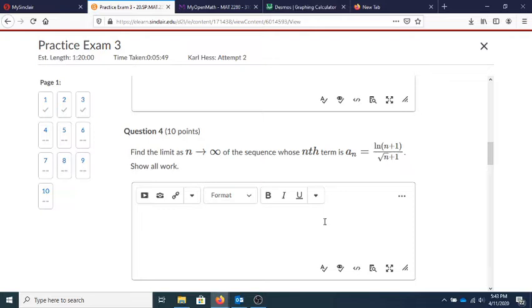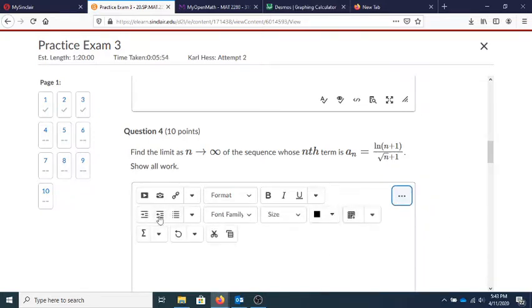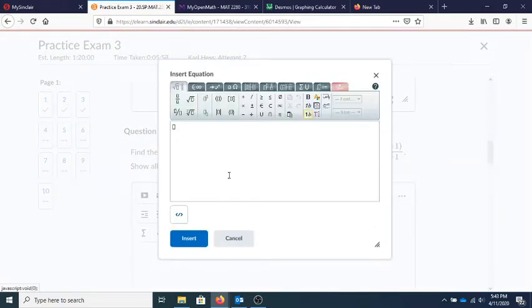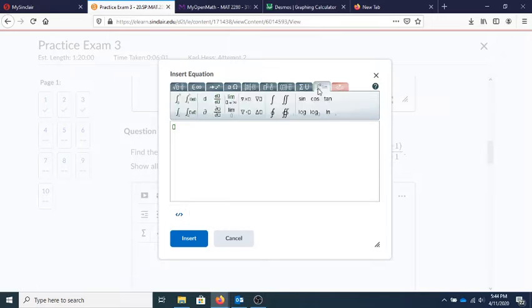So I'm going to need some formulas. So again, I'll click on my 3 dots over here, and I'll click on my sigma symbol. Alright, now there's a special little menu up here, a tab just for limits and integrals. So I'll click my limit tab, and I want the limit as something goes to infinity.